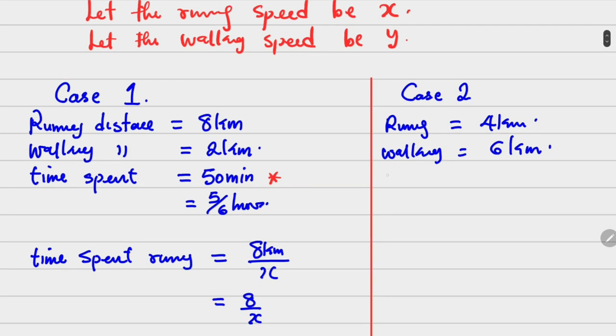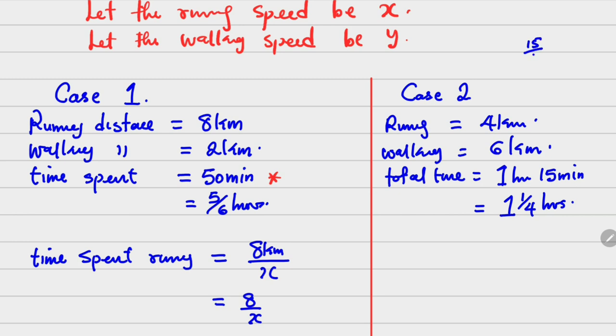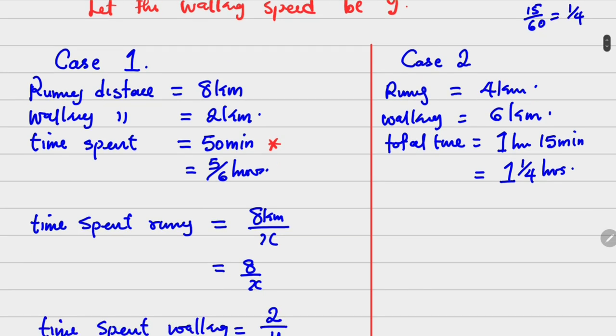Now, the total time in this case is 1 hour 15 minutes, unlike the first case that it is just 50 minutes. And we can change this to hours, so that's going to be 1 1/4 hours. And if you ask me how I got this, if you are changing 15 minutes, this is 15/60, which is 1/4. Okay, so we're done with that.